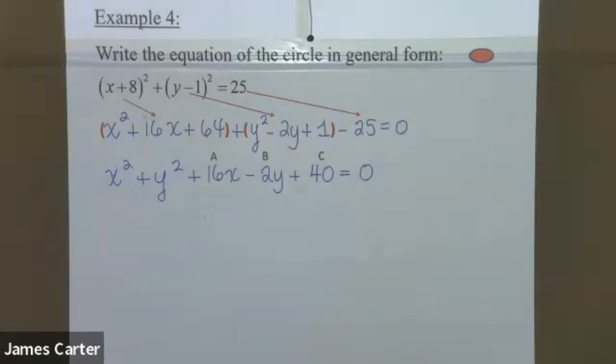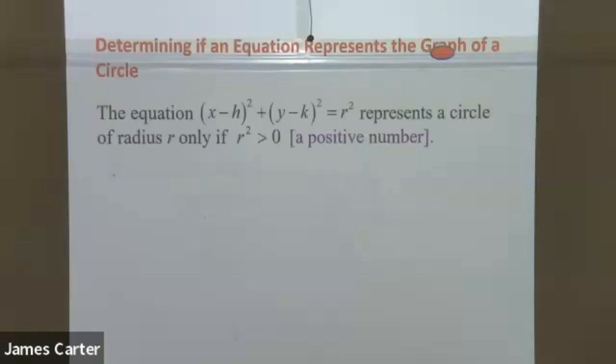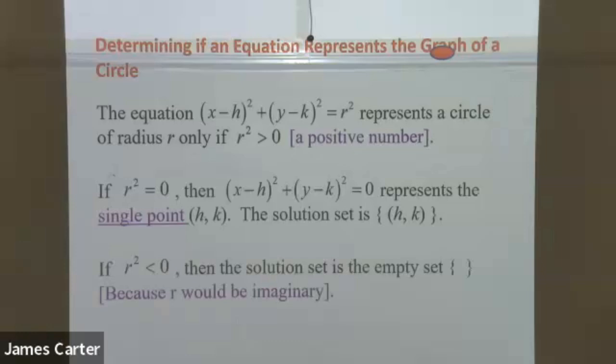Okay. Is this worth much of anything? Not really. Okay. Not really. Now, I'll just put that up there. Remember, the radius has to be a positive number. That's all that this is saying. Okay. What if the radius squared is 0?